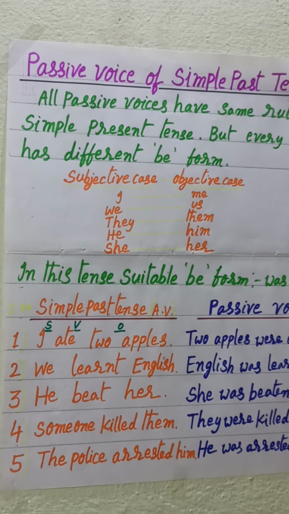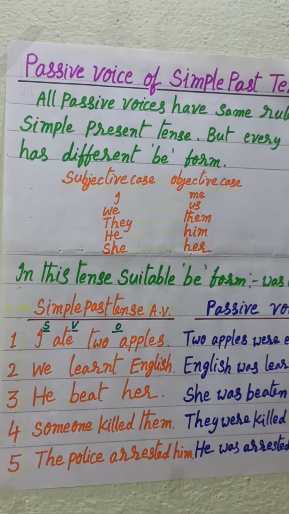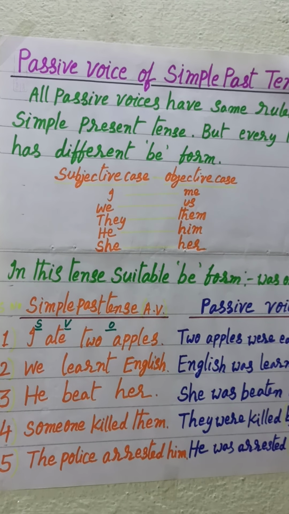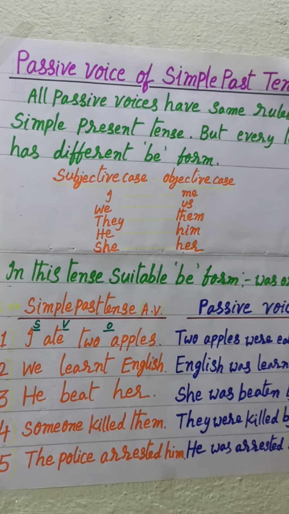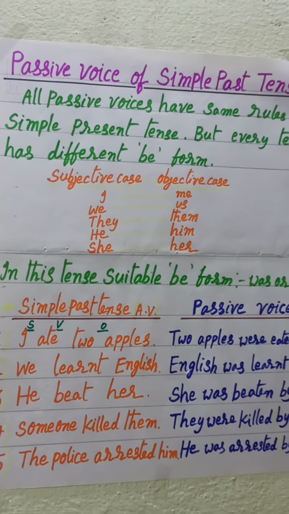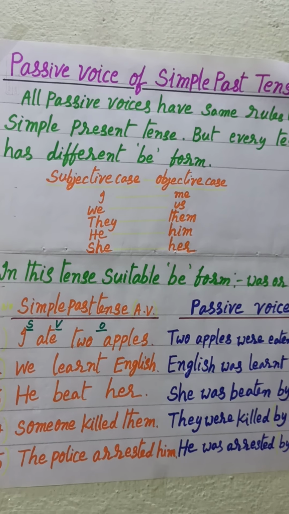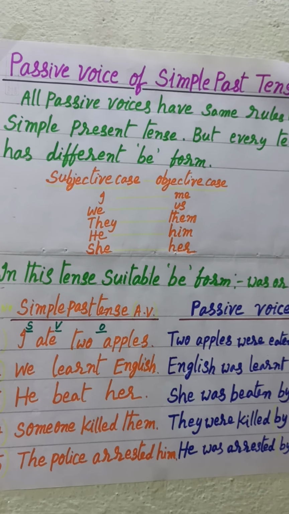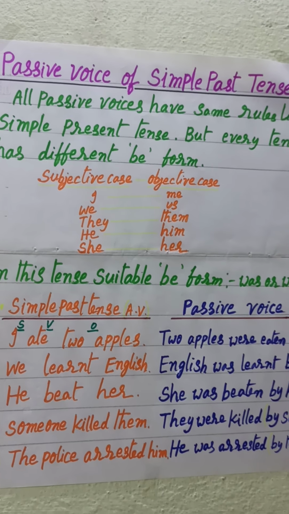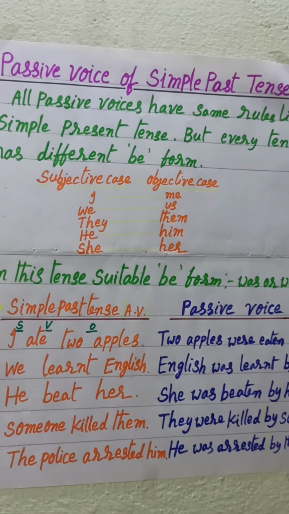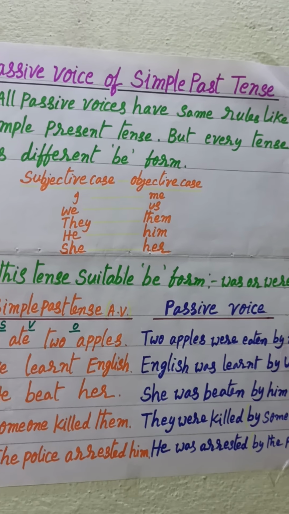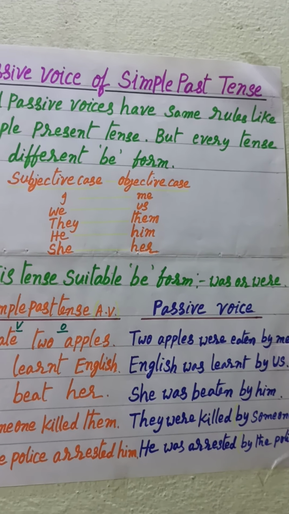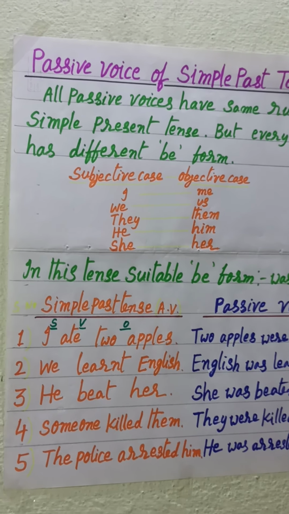Second sentence, did we learn English, and add question mark. The passive voice, was English learnt by us, and add question mark.